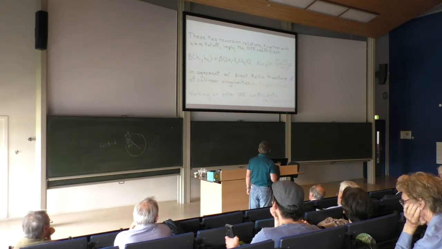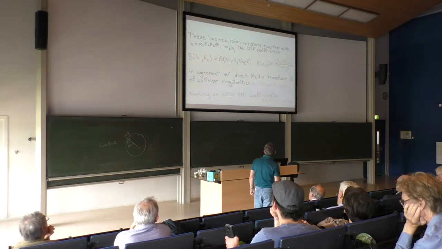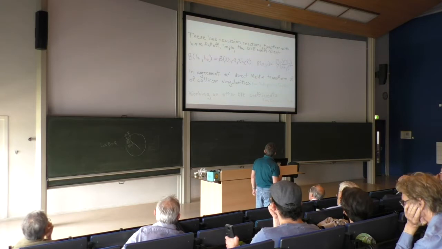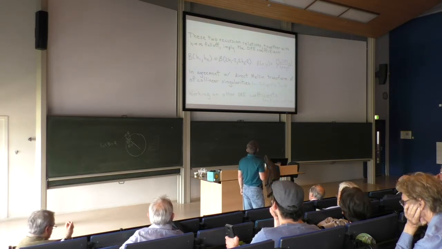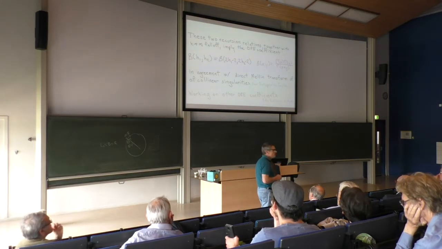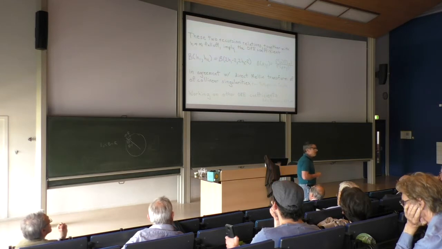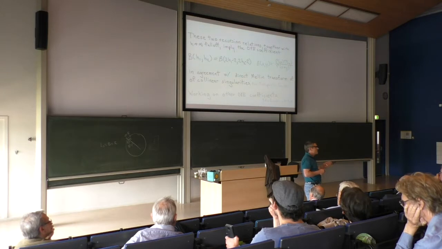And in fact, these two recursion relations, together with a boundary condition at asymptotically large h, that it not blow up, uniquely determine the B to be the beta Euler function. So we never had to do a calculation. We just used the symmetries to compute the operator product expansion.